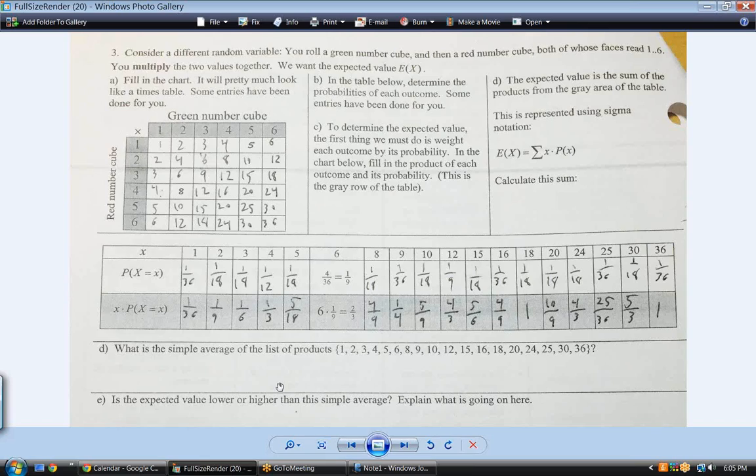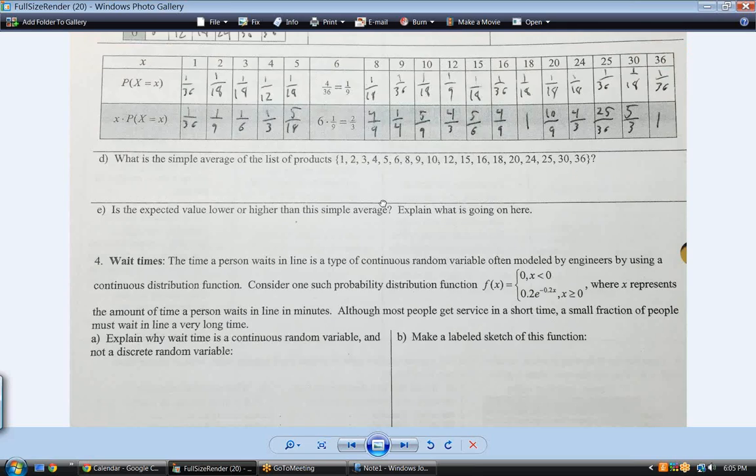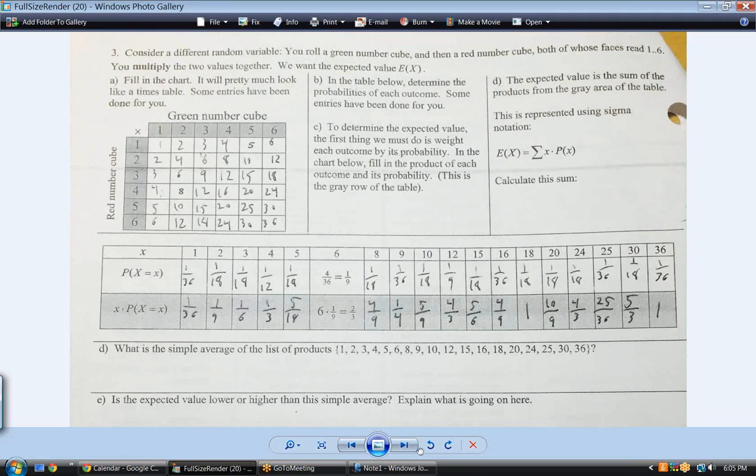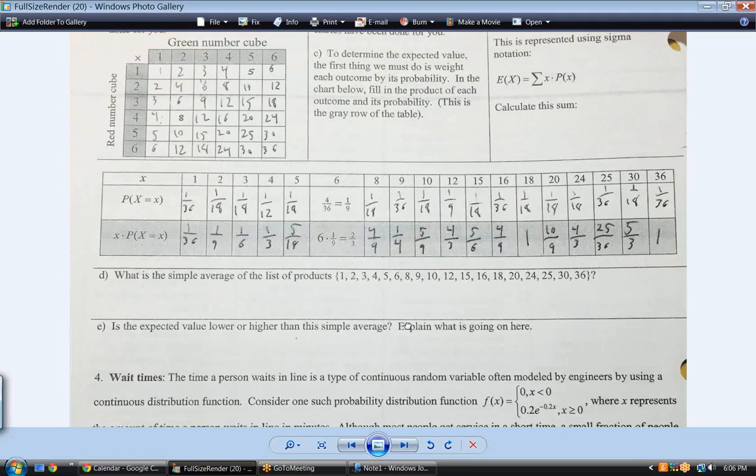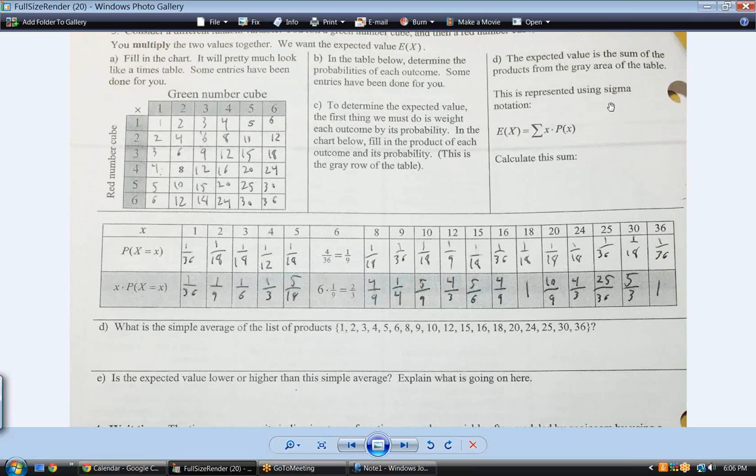So I think the expected value I am supposed to get from D. No, you get the simple average from D. No, the other D. There's 2 Ds. It's above the chart on the right-hand side. Oh, okay.